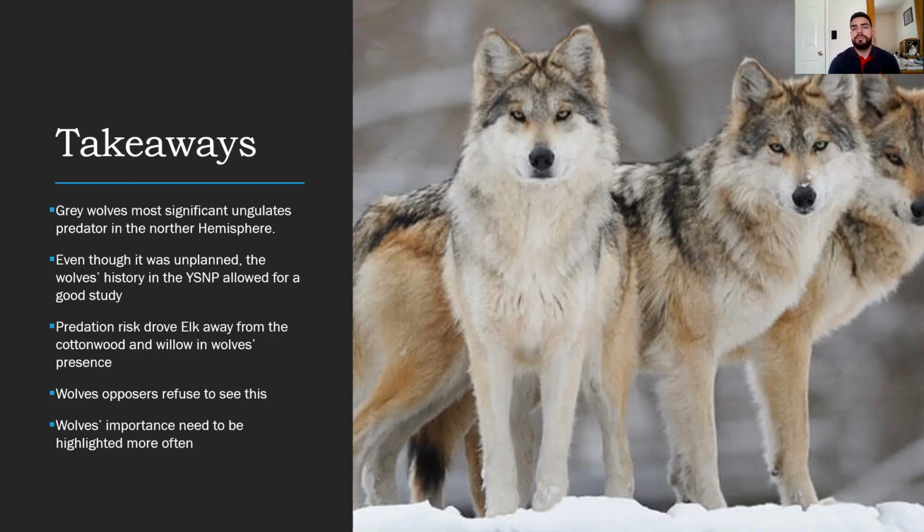And this right here is very important because it supports the hypothesis of Ripple and Beschta in that removing the wolves will decrease the riparian plant population, but reintroducing them will reduce the elk population, which in turn will increase the riparian population.